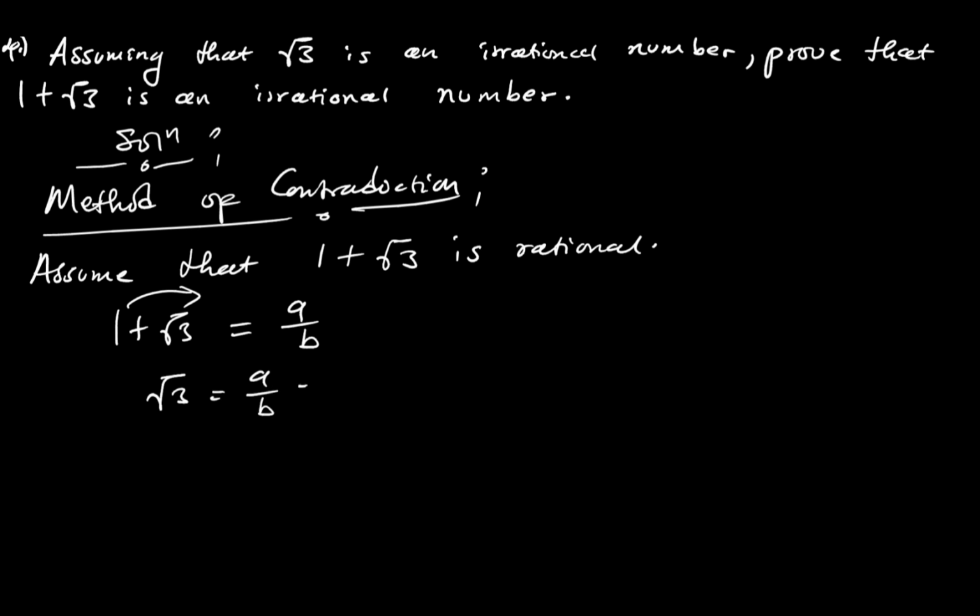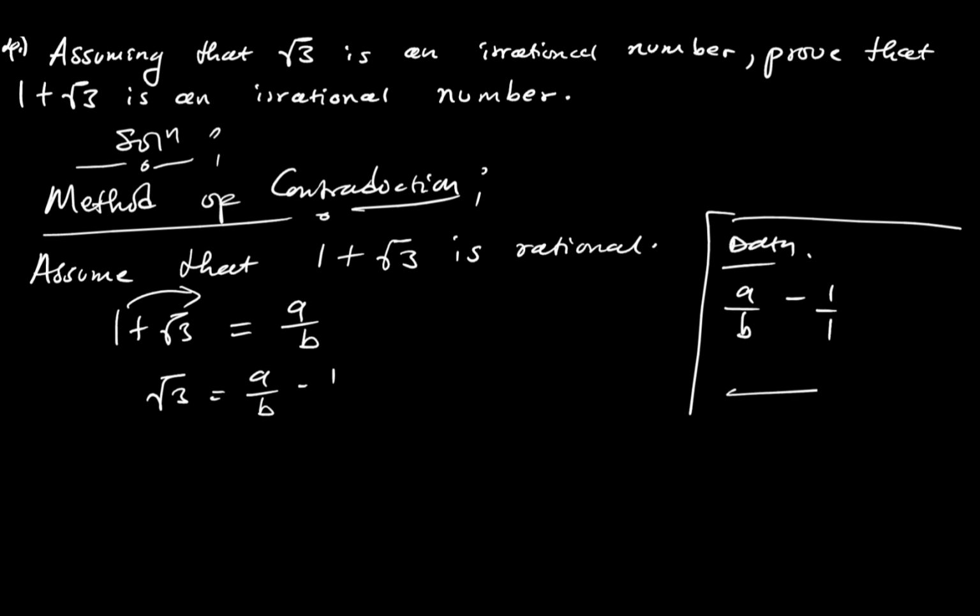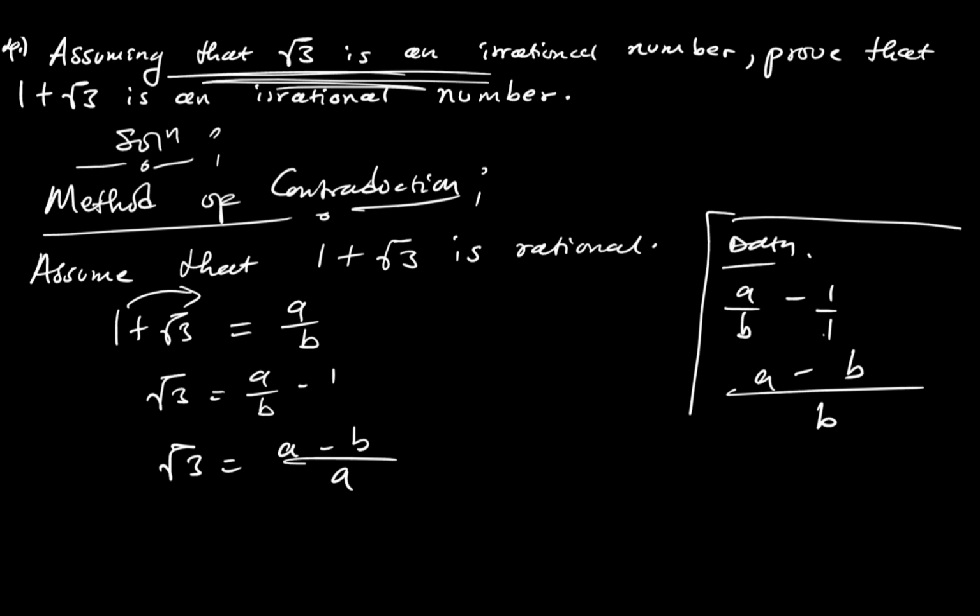So remember, you can always put this somewhere and solve a over b minus 1 over 1. Common denominator, b. b into b, that's 1 times a, that's a. Maintain the sign, minus 1. 1 into b is b times 1, that's b. So I'm having root 3 being equal to a minus b over b. Now, remember, I've been told to assume that root 3 is irrational.